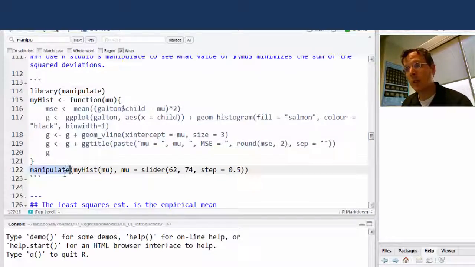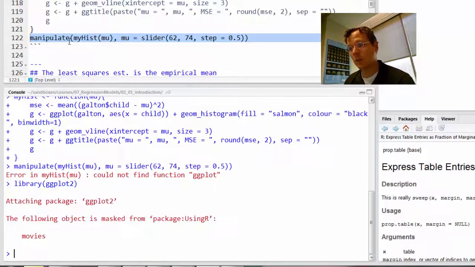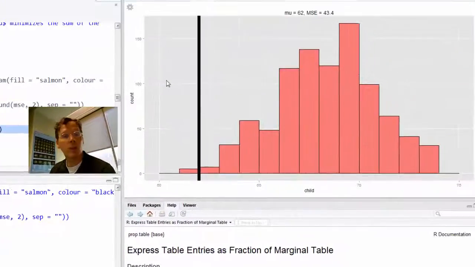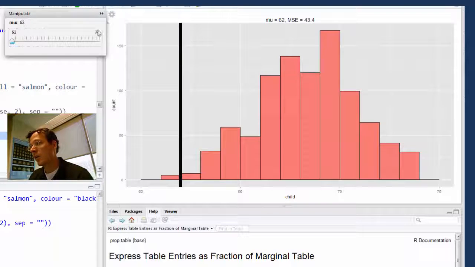So let me try my manipulate command here. Oh, I don't have ggplot2 loaded. Let's try it again. There it is. Okay.